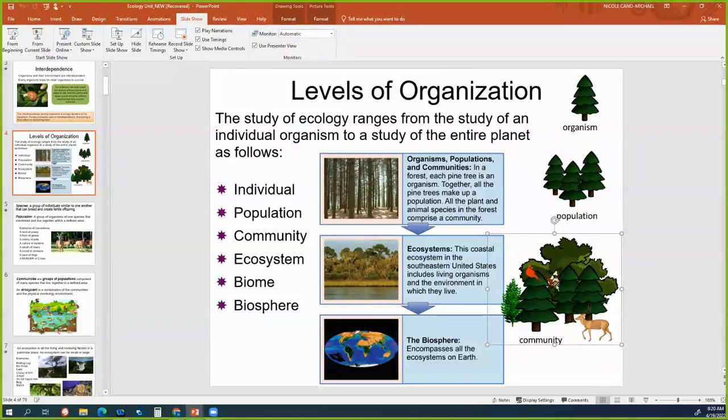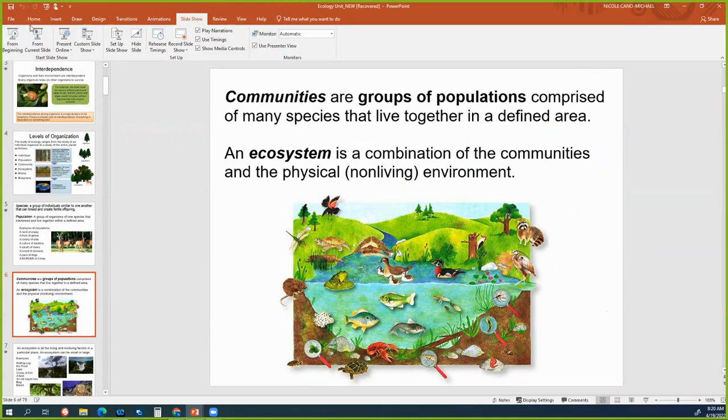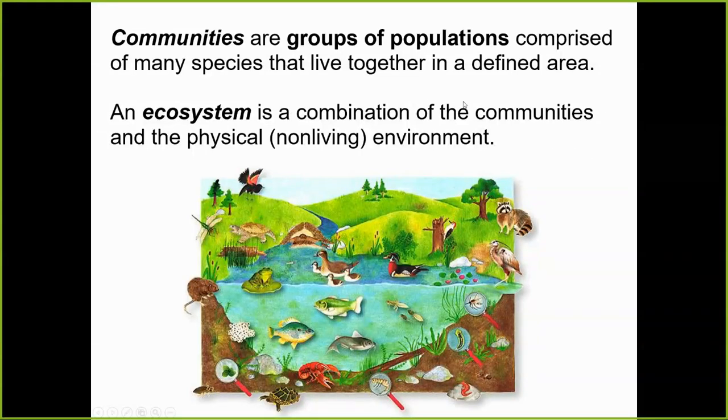And if you look inside the tree, we see some squirrels, a robin, and a deer. So, a community, which brings us back to what we're talking about today, is a group of populations that all live together in a defined area.